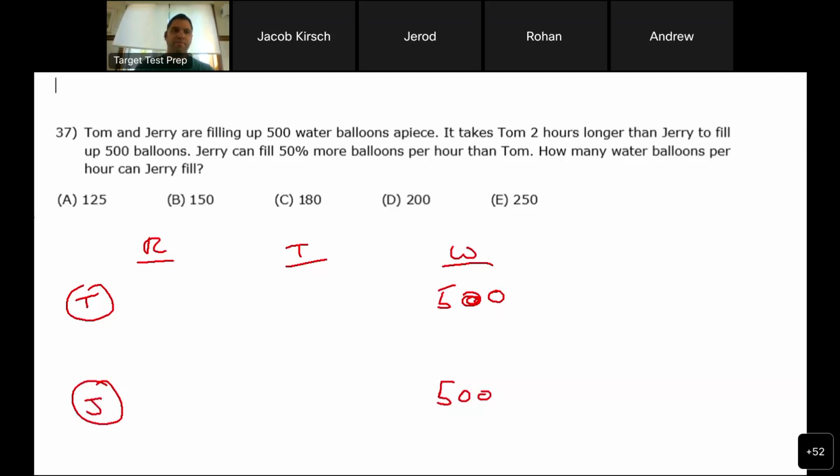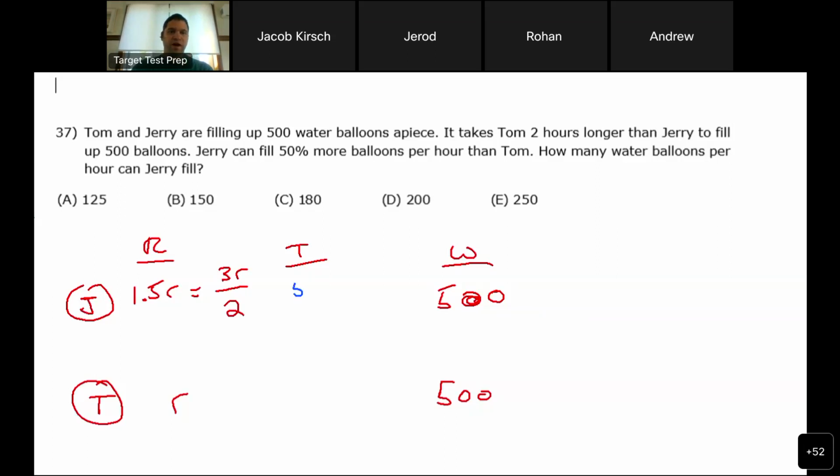So that means Tom, if we have Jerry as R, we can both agree that he's 1.5R or 3R over 2, right? Now, or sorry, other way around. I'm just going to flip these. Jerry is the faster person, and then Tom is this person, the R. Now, we have to fill in our time.